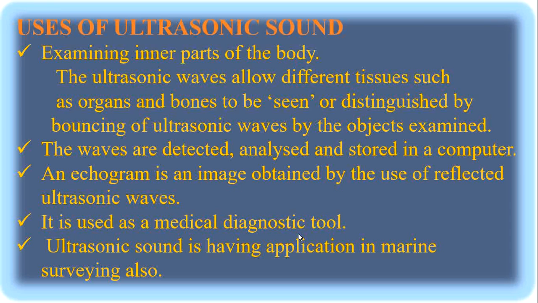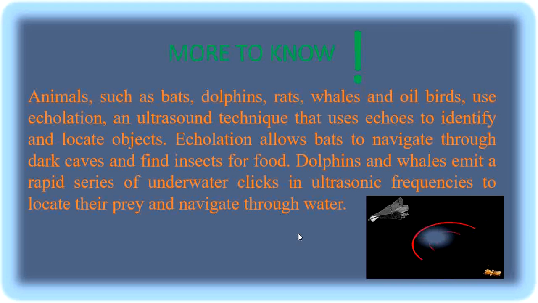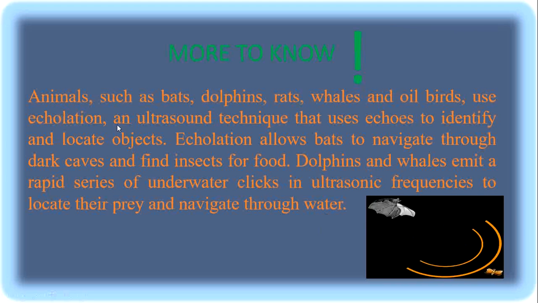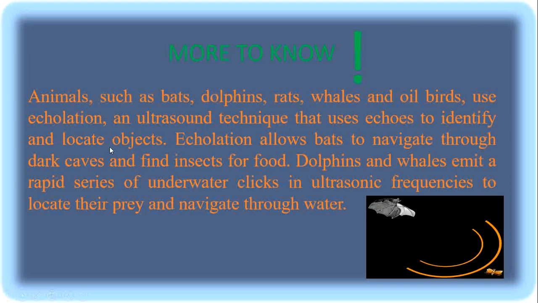Ultrasonic sound also has application in marine surveying. More to know. Animals such as bats, dolphins, rats, whales and oil birds use echolocation, an ultrasound technique that uses echoes to identify and locate objects.